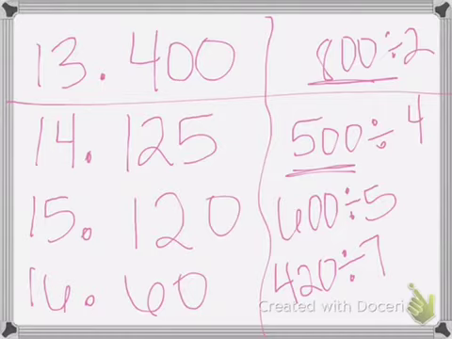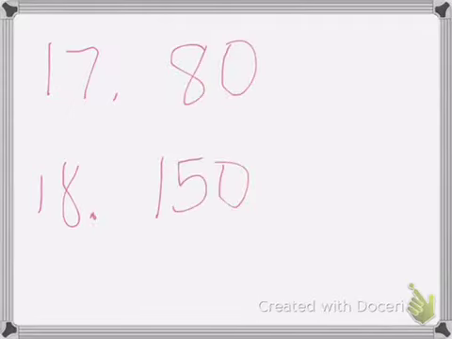And number 15, I changed the 586 to 600. And 16, I changed the 419 into the 420, since 7 goes easily into 42. And let me give you problem 17 and 18 answers. So for 17, I get the answer of 80, and for 18, I get the answer of 150. Okay, so the answers again, 80 for 17 and 150 for 18.